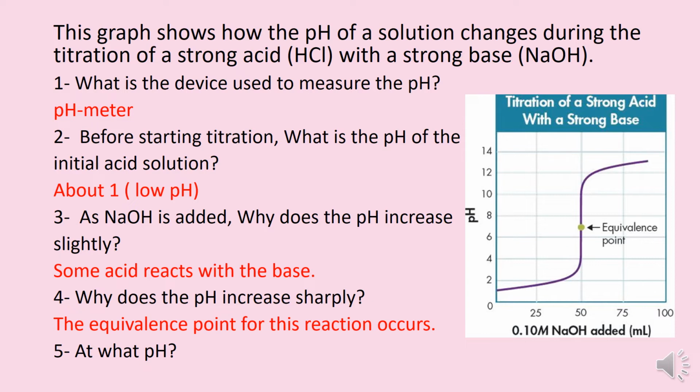Now try to see the pH at the equivalence point in the titration of a strong acid with a strong base. At what pH does the equivalence point occur? It is at 7.